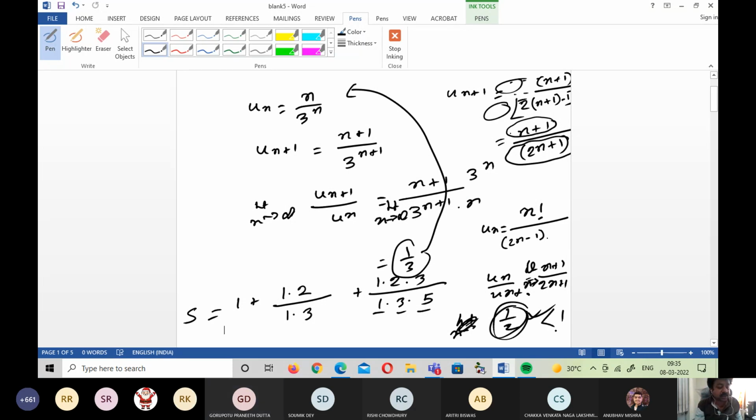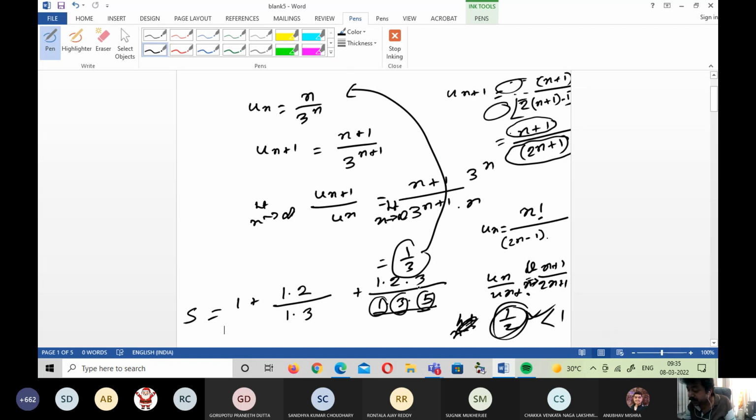Okay. Now let us take another problem. You just see one thing, that at the denominator 1, 3, 5 all are present in the un, the product of the odd numbers.